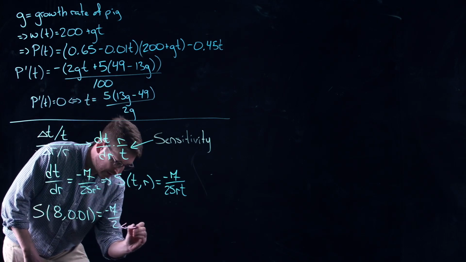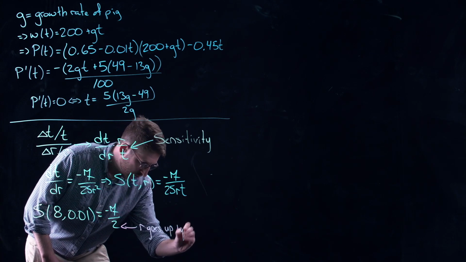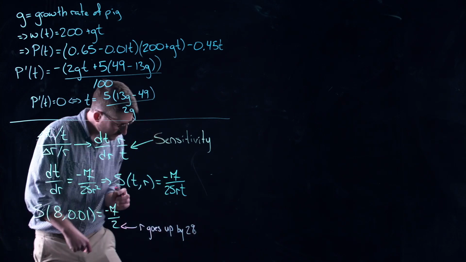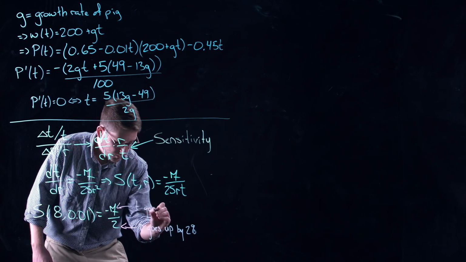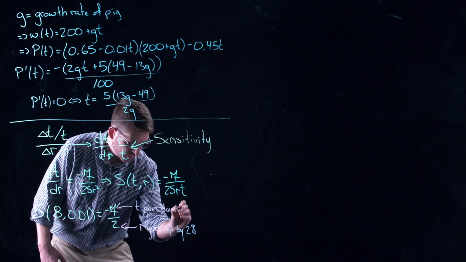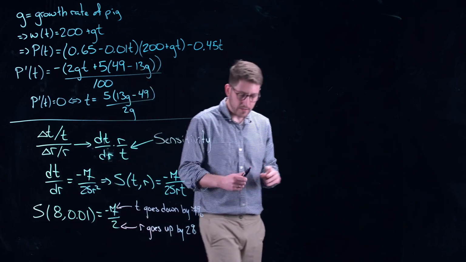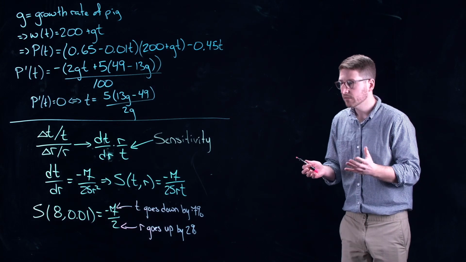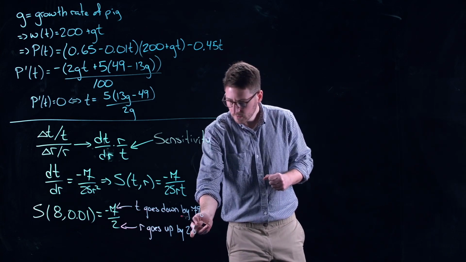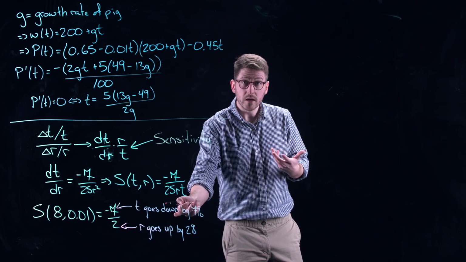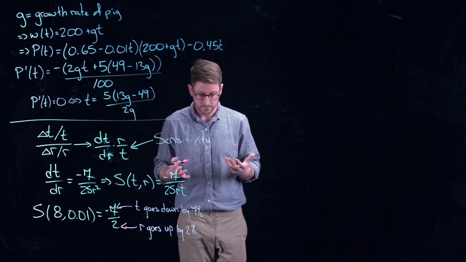This says if r goes up by 2%, then T goes down by 7%. So they're pretty close to each other, right? They aren't that sensitive. Because if the rate goes up by 2%, that means that the number of days we need to wait goes down by like 7%. It's not that much of a change relative.